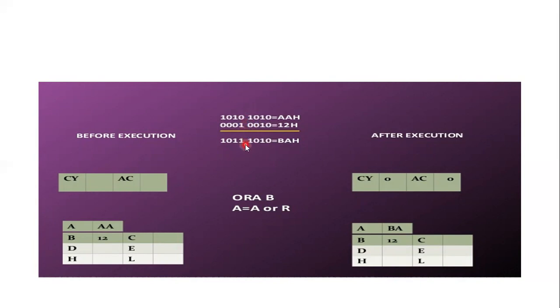So 0 or 1 is 1, 1 or 0 is 1, 0 or 0 is 0, 1 or 0 is 1. Therefore this is B and this one is A. So after execution the accumulator becomes BA, and the carry flag is set to 0, auxiliary carry flag is set to 0.